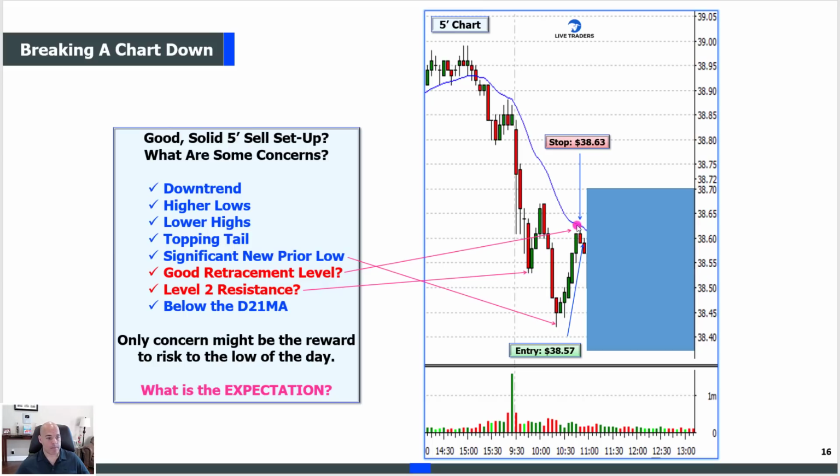Good. Below the declining 20. Good. We have a lot of goodness here. But what do we have that's a concern? This should not be there. Real-time fixes. The retracement level is back to the prior pivot high at 38.67.